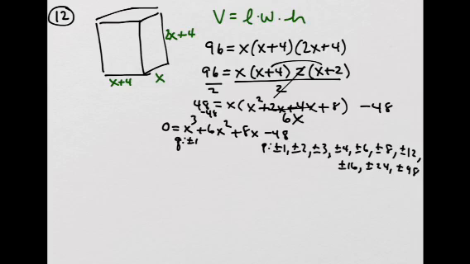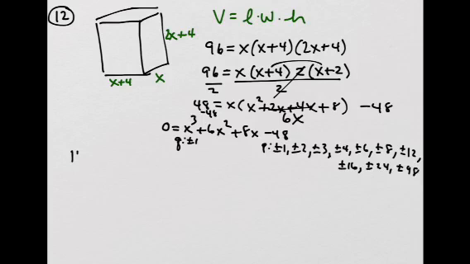Now, just like in the previous examples, these are real life situations with positive measurements, so I'm not going to try the negative roots. I still listed them as plus or minus, but in actual practice, I'm only going to use the positives.